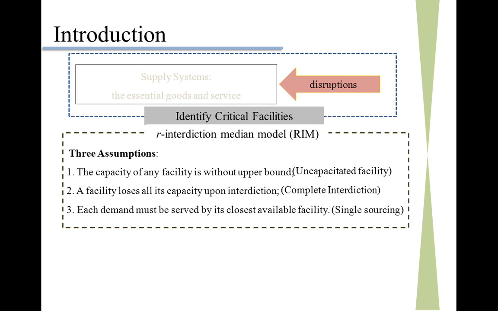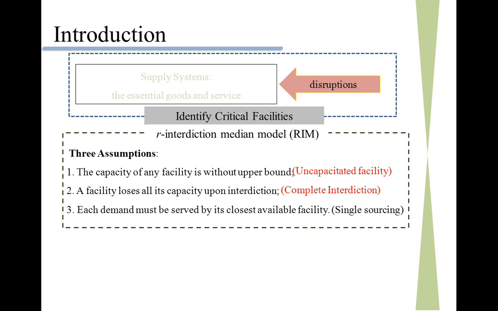However, the model depends on the 3 assumptions, which are not appropriate concerning complex situations. First, incapacitated facility. The capacity of any facility is without upper bound. Second, complete interdiction.